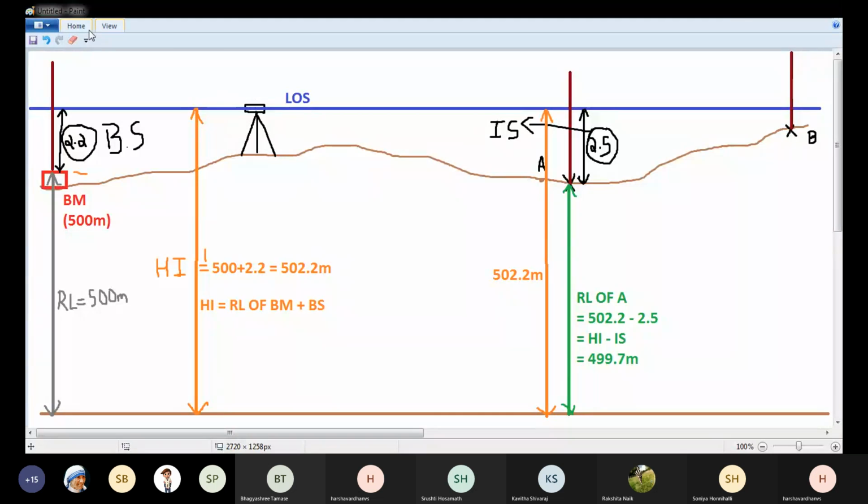Let's say the staff reading is 0.4 meter.